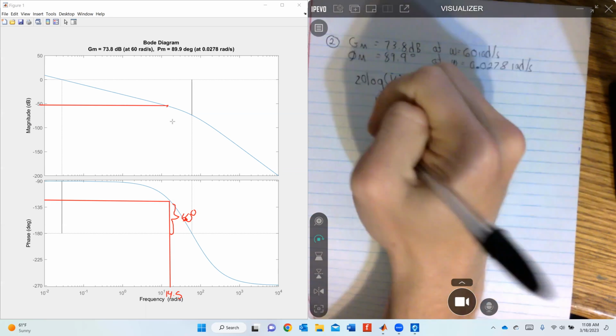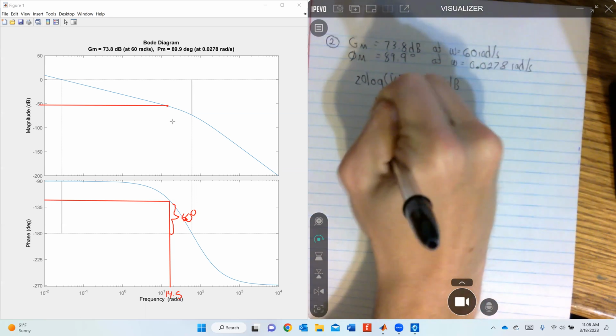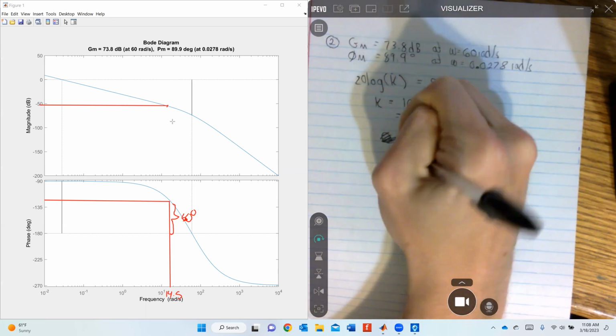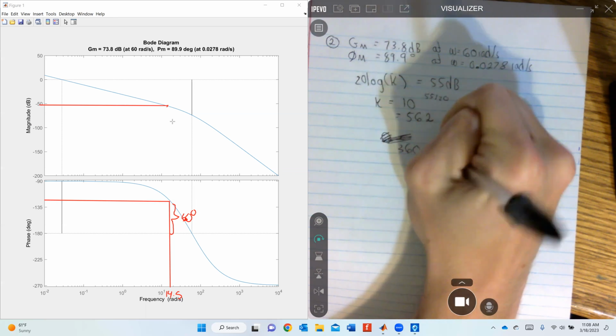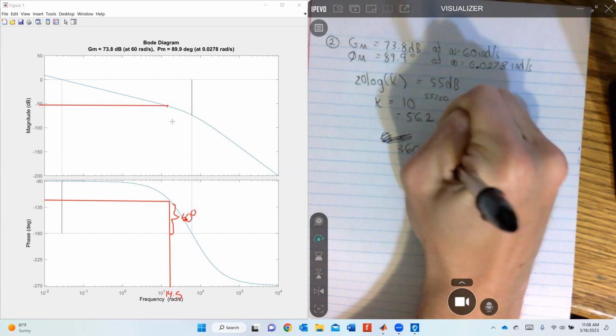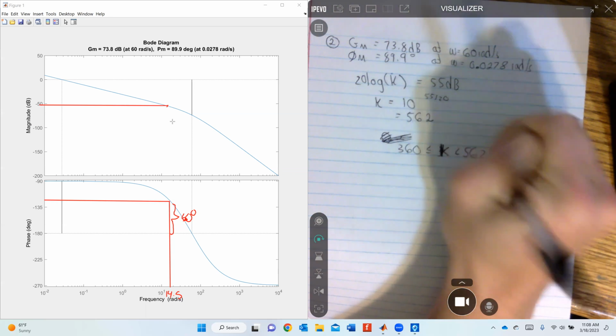So our K is going to be limited between the values we determined earlier, 360 for K, and it can go all the way up to 562.